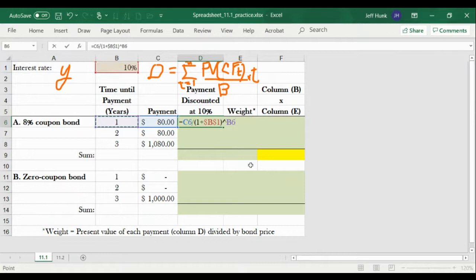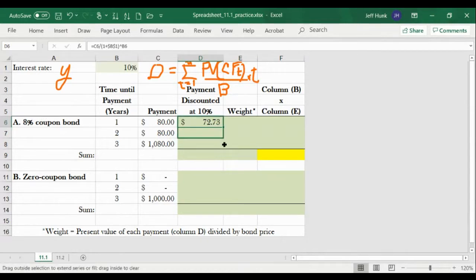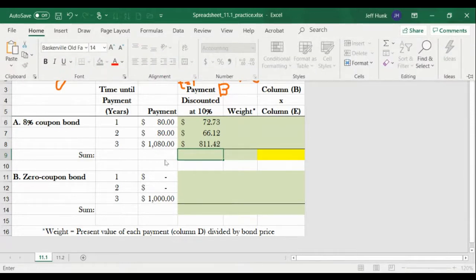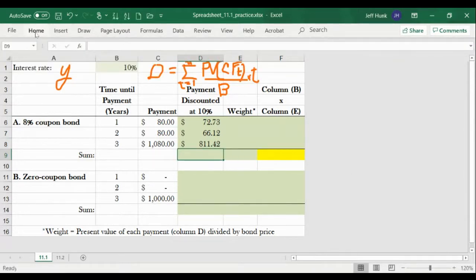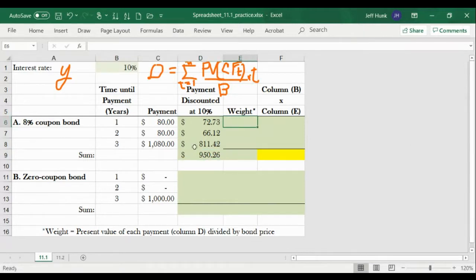And that's dollars. And I drag it down, and do auto sum, sum everything here. There you go. And also dollars. And then I find weight.